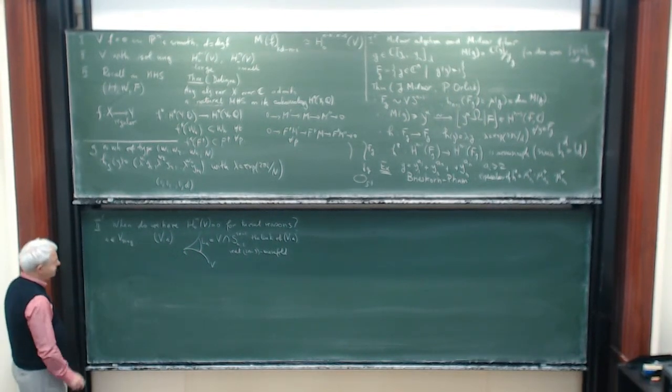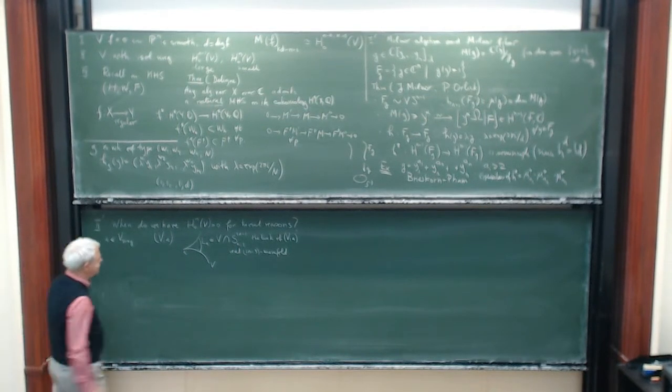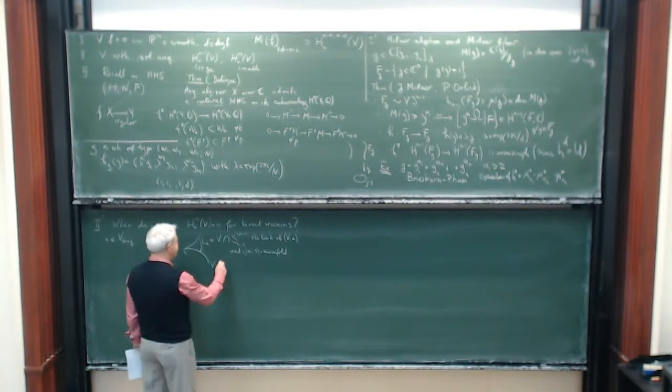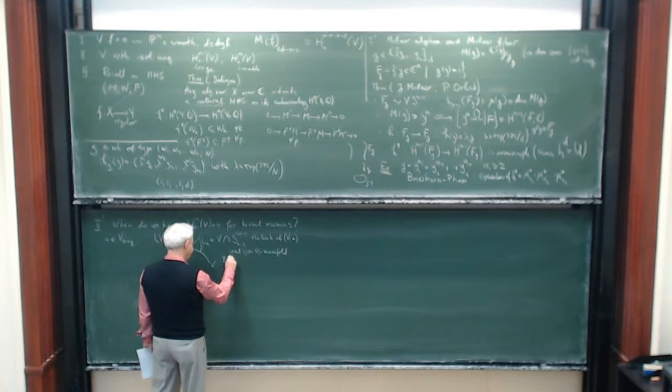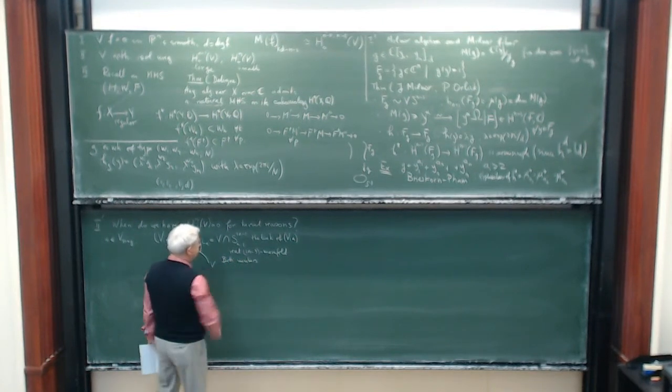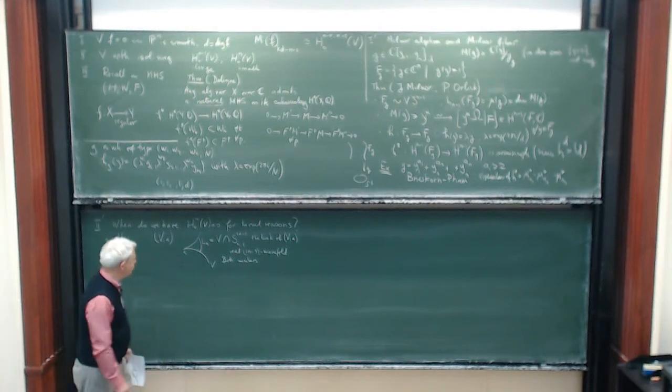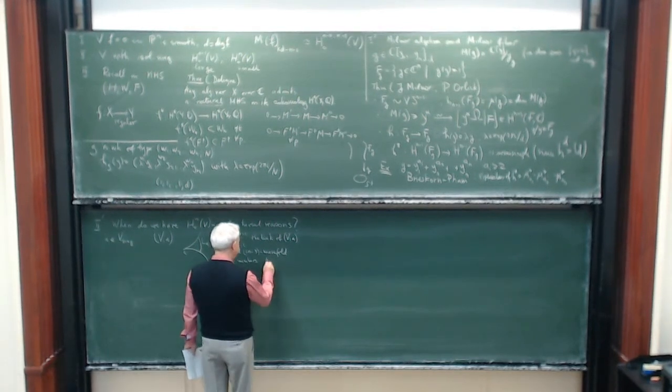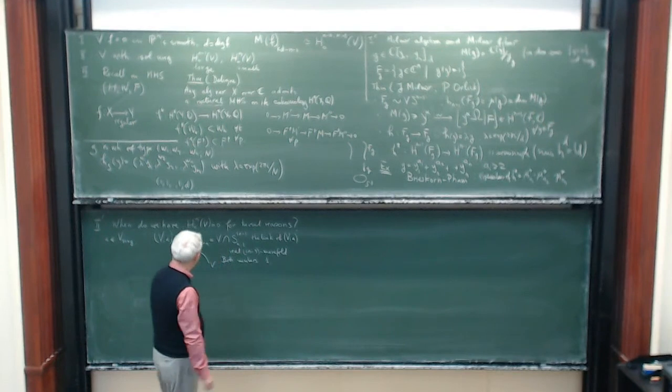And moreover, if I look at the Betti numbers of such a link, I get the following sequence. I get 1 because it is non-empty and connected.